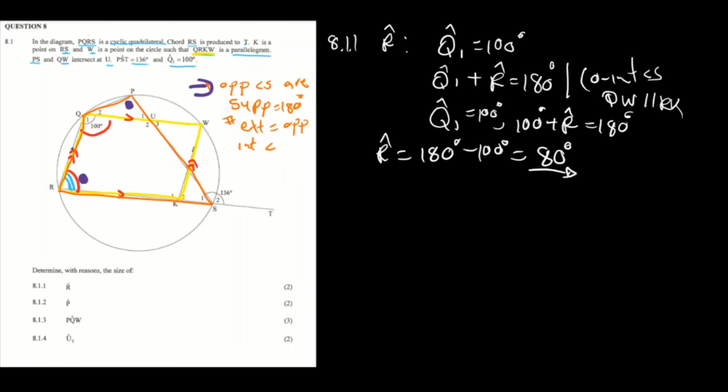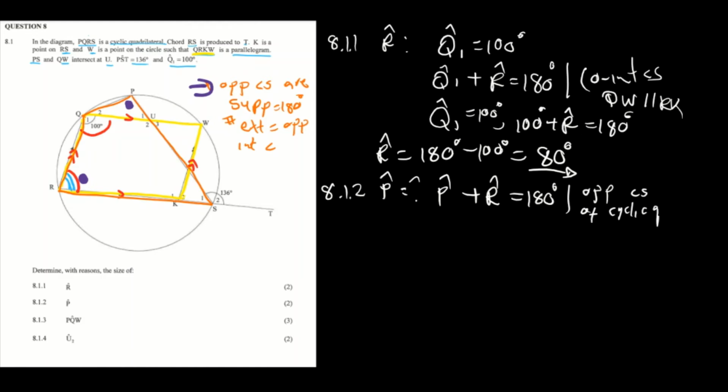So, 8.1.2, to find angle P, we're simply going to say that angle P plus angle R is equal to 180 degrees. The reason, as I said, is that opposite angles of a cyclic chord are supplementary.